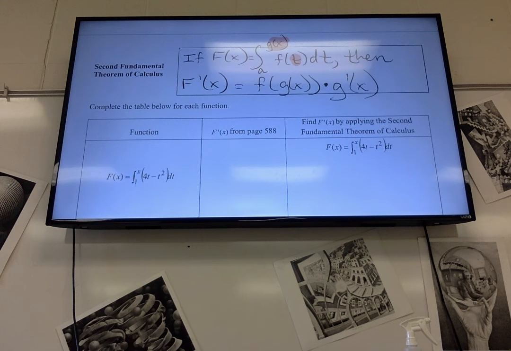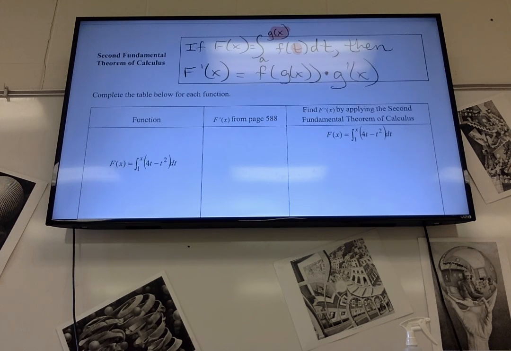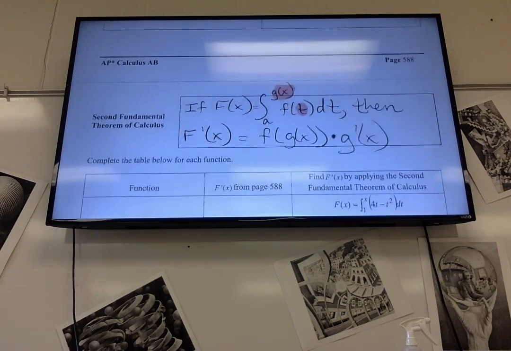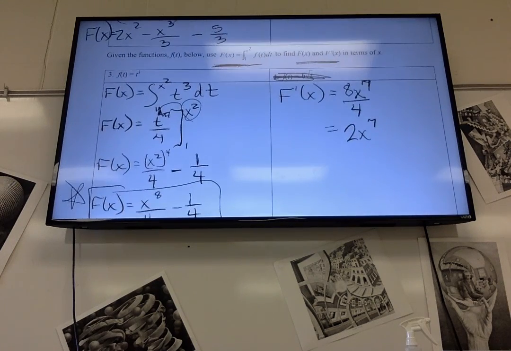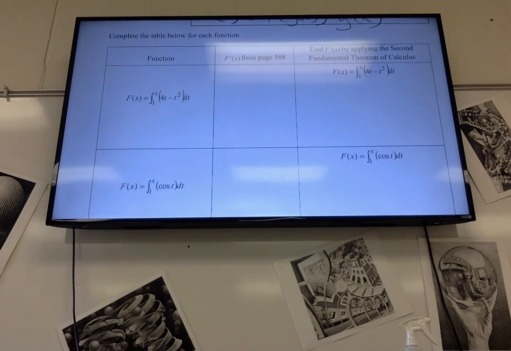Second fundamental theorem of calculus. Can you repeat what page number this is? This is page 589. Okay, so what we had done, well, we're about to do it again. From Friday, we took the antiderivative of this.